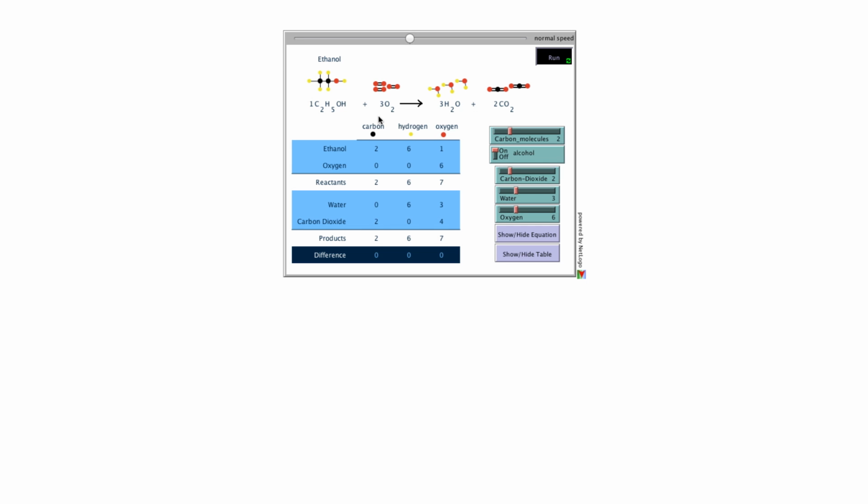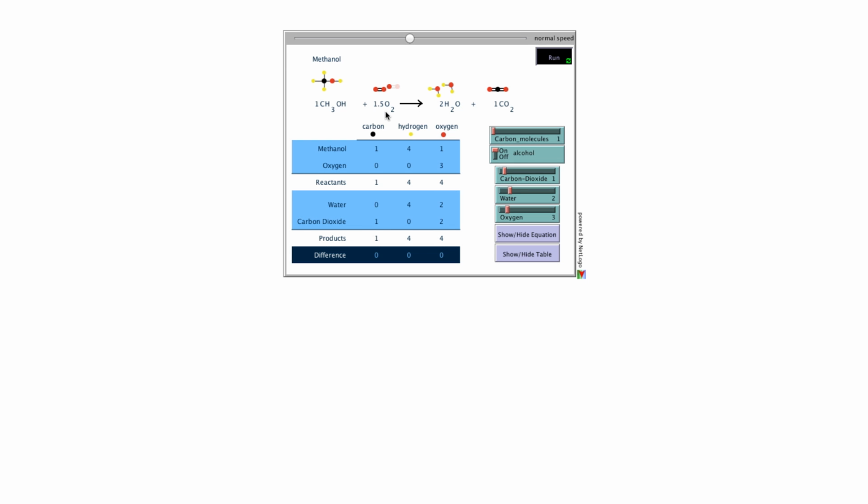For some hydrocarbons, methanol for example, one molecule of methanol combines with 1.5 molecules of oxygen to make 2 water and 1 carbon dioxide molecule.